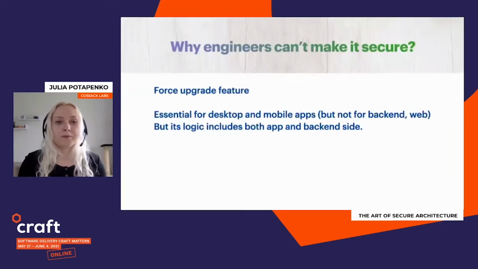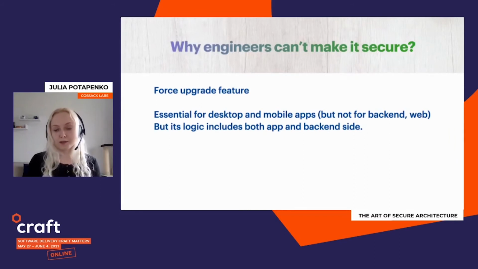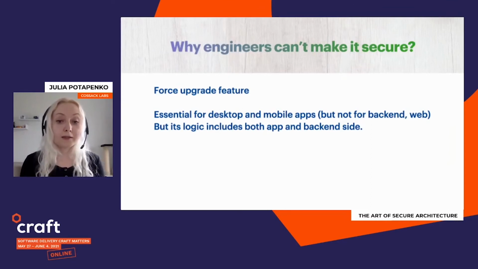Another example is about the feature called force upgrade. Unlike for websites, you can't upgrade your desktop or mobile applications right away, and users may skip important security updates and continue using the old versions. And so this is one of the risks here, that the old app version may be vulnerable, and you can do nothing with it.